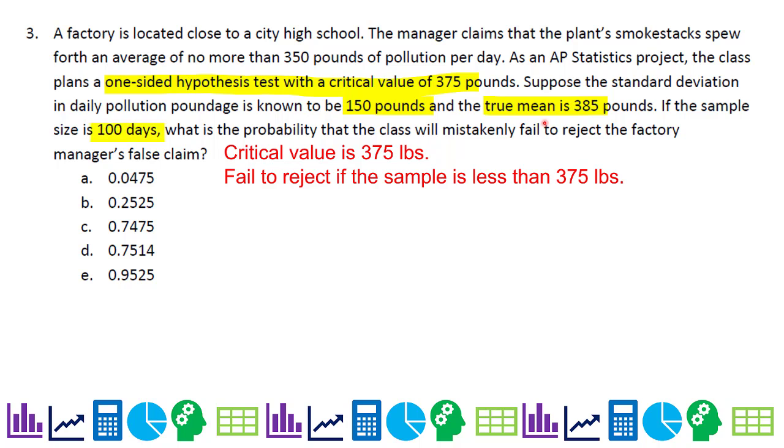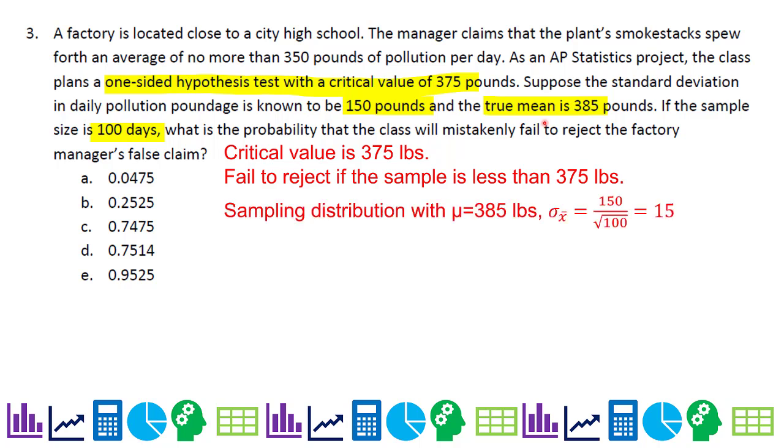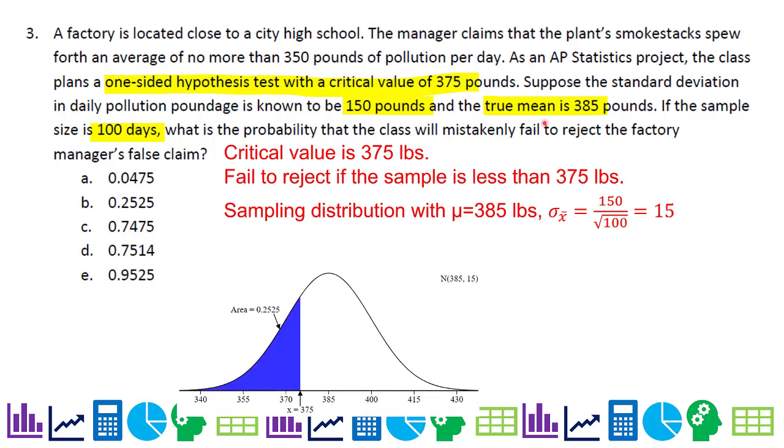If the sample size is 100 days, what is the probability that the class will mistakenly fail to reject the factory manager's false claim? So we need to create a sampling distribution. The mean is actually 385. That is reality. And if we're doing an average over 100 days, we take that 150 and divide it by the square root of 100 and we get 15. So that's what the model looks like.